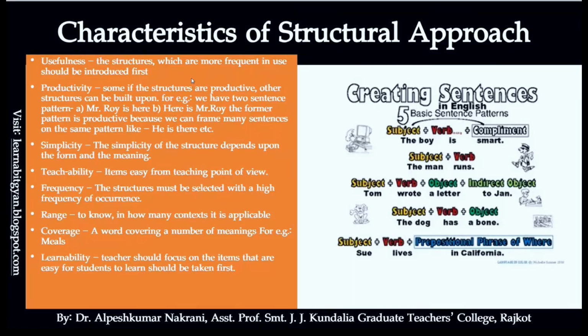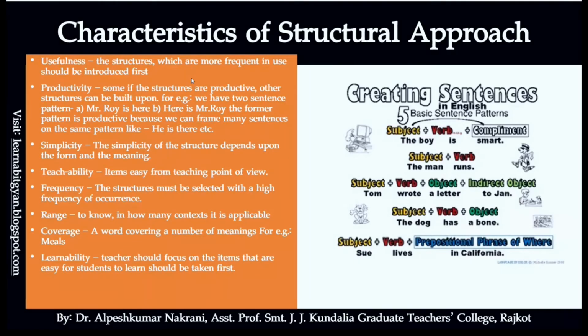Firstly, usefulness: the structures which are more useful will be taught first. Then productivity. Some structures are productive, meaning they help you build more new structures, right? Then simplicity, then teachability. Then frequency. In our life, some structures are frequently used, so they should be taught first. Some structures are applicable in many situations.